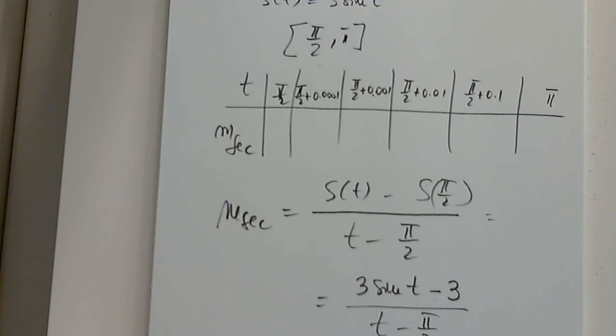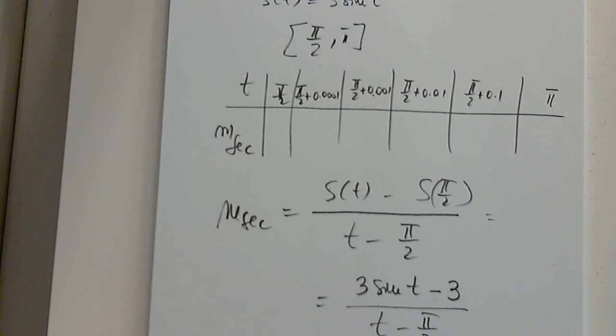Okay, now we go to second and table. I have to check if this, yes, it does change my settings here. So second and table, we will plug in pi. You don't have to calculate anything. Pi divided by 2 plus 0.1.